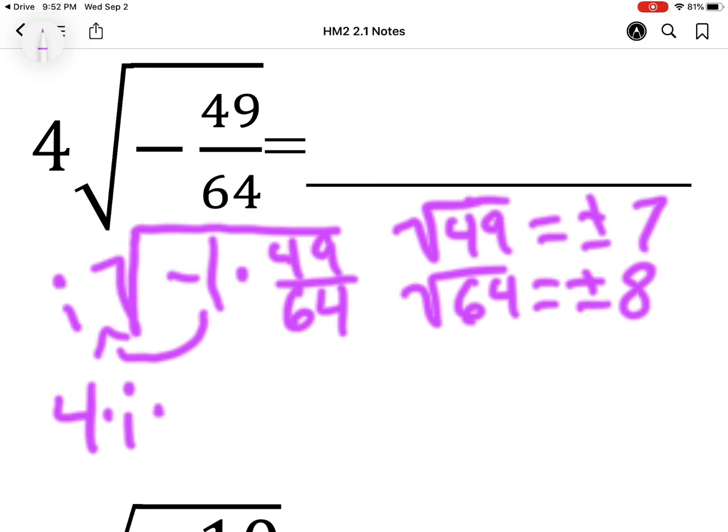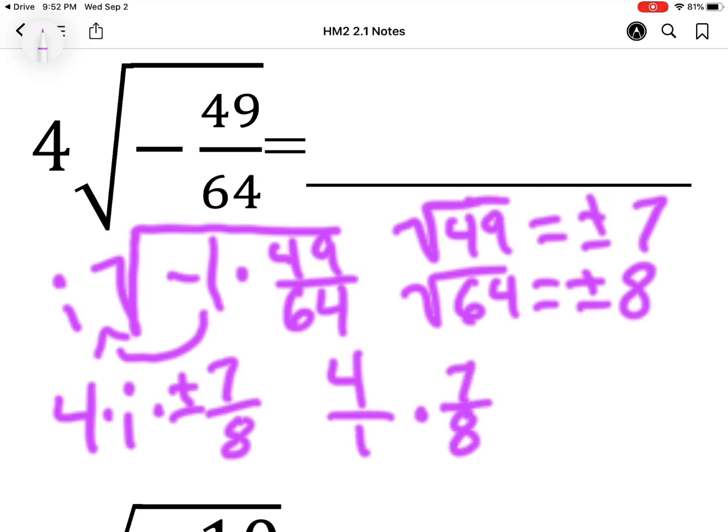So we have 4i times our 7 over 8, and all of it's plus or minus. So our 4 times 7 over 8. So if you really need to, you can switch that to 4 over 1 times 7 over 8.